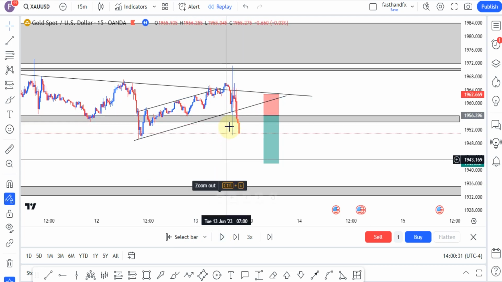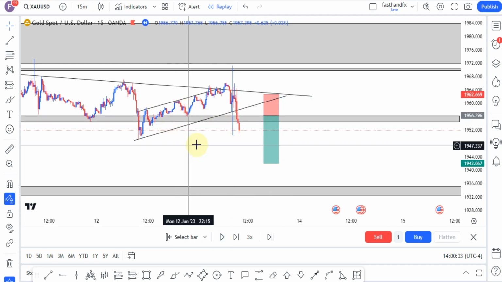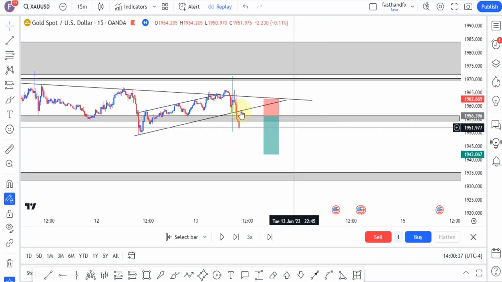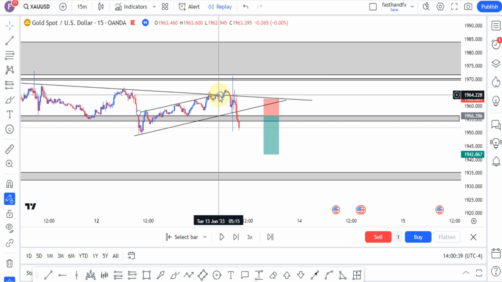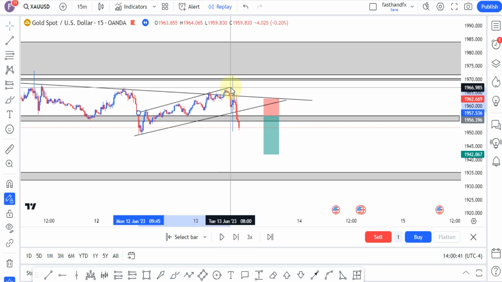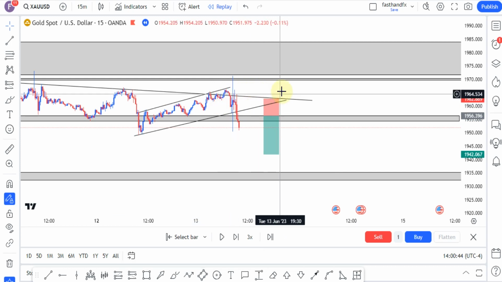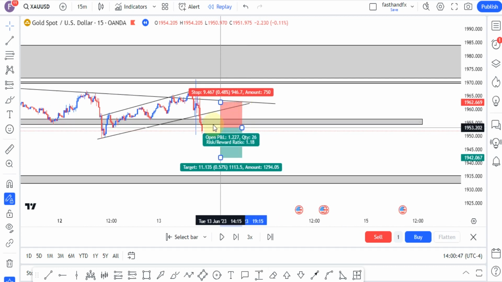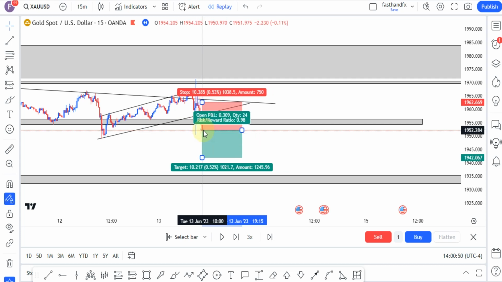So the market did break, after taking out people after this news. The market did break below this area that we are expecting. So after breaking below this area, you should take your entry at this point.